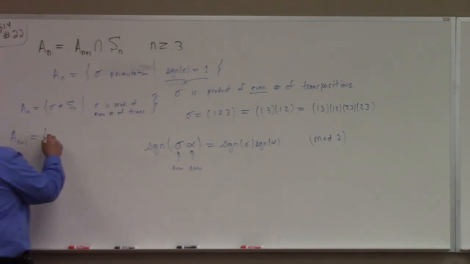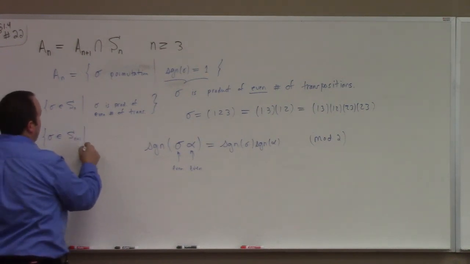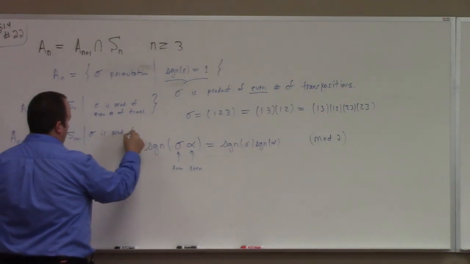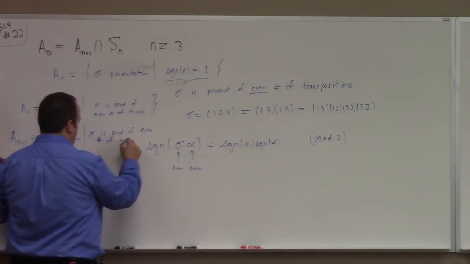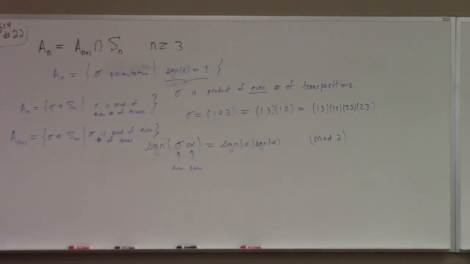This is sigma in S_{n+1} such that sigma is a product of an even number of transpositions, right? A transposition, again, is a cycle of length 2.